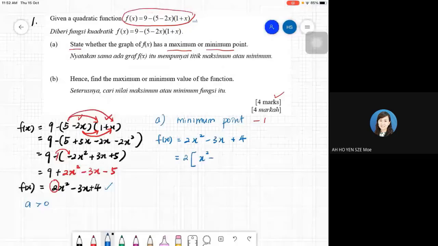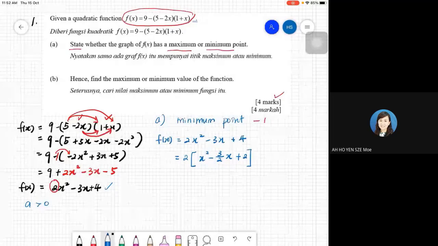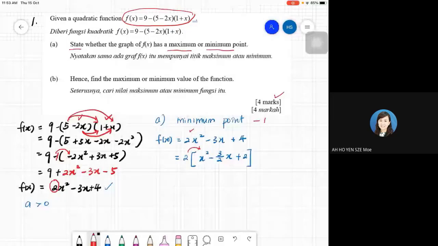Okay, plus how to get 4? 2 times 2. Okay, kita keluarkan 2 dulu. Okay, so check back. Semak dulu apa yang kamu faktorkan betul ke salah. Darab masuk dulu. Ini 2x, 2x kuasa 2. Okay, betul. Ini 2 darab negatif 3 per 2. Ini potong-potong. Okay, dapat negatif 3. Betul. 2 darab 2 dapat ini. Okay, means that your factorization is correct.